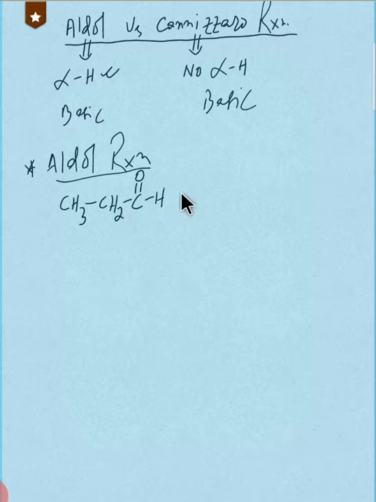So if this is reacted with a base, for example sodium hydroxide or barium hydroxide, then beta hydroxyaldehyde will be formed. In this case, beta hydroxyaldehyde. So the product will be like this. Let me write the product.